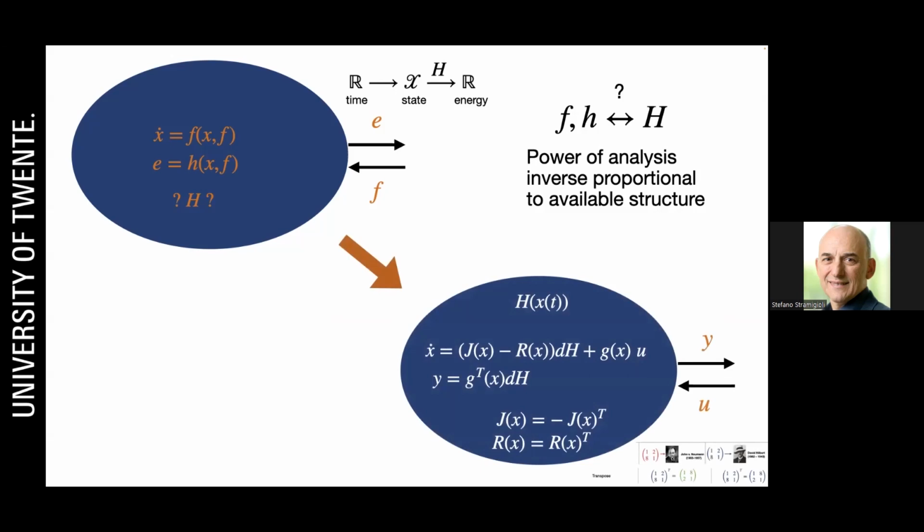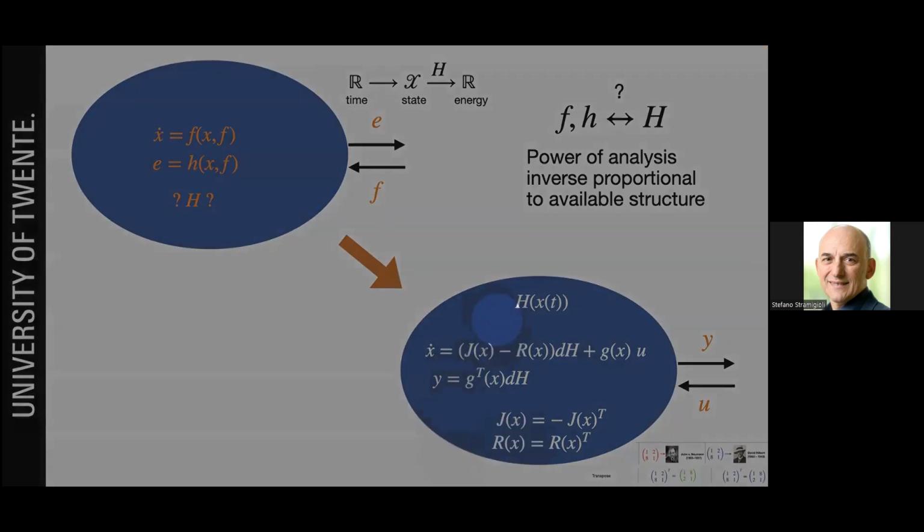So it turns out that you can take these equations, which I indicated here, in this form. Just take dH, the partial derivative of the energy with respect to the state. This is a matrix, and this is the transpose of that matrix, which is the adjoint, what I said before, the pullback.